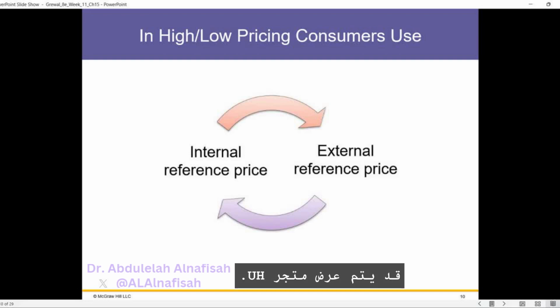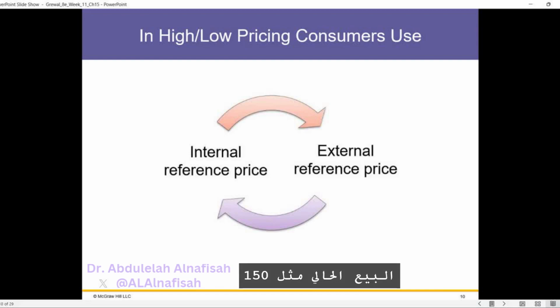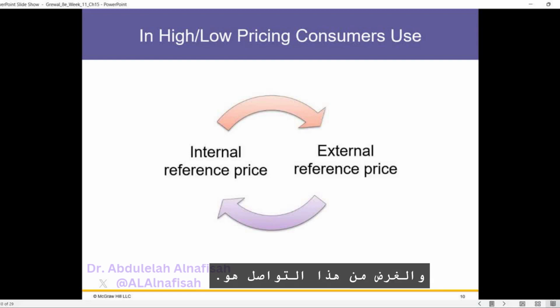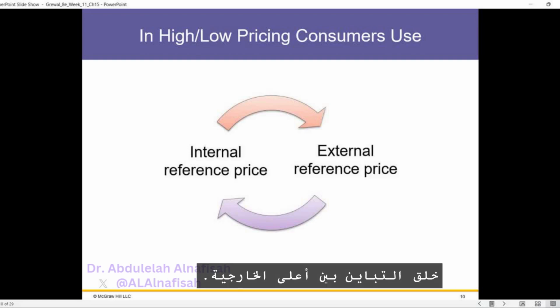For instance, a store might display a sign indicating the previous price of a product, like $200, crossed out, and the current sale price, like $150, next to it. The purpose of such communication is to create a contrast between the higher external reference price and the lower sale price, making the discounted price appear more attractive to customers.